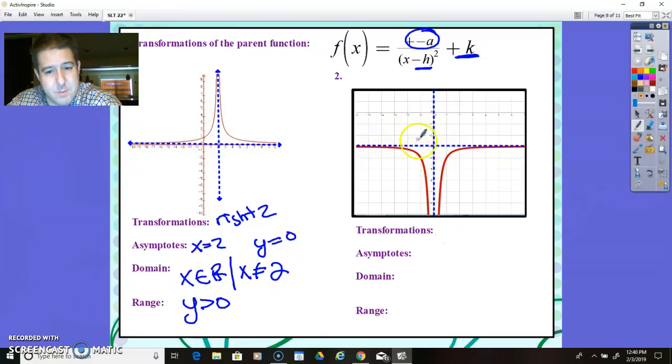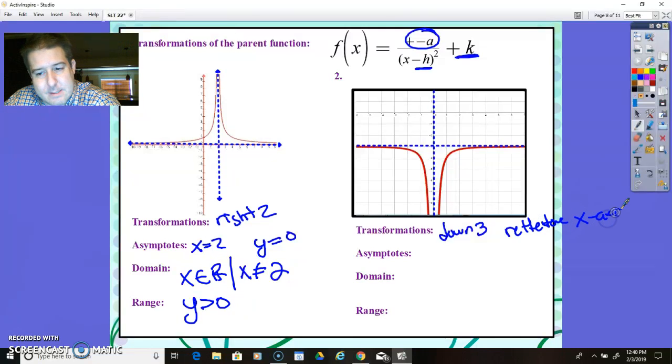So this has been shifted down 3, but it also has a reflection over the x-axis. So if you look at this graph, it's been flipped to the bottom side. So what you know is the next point is 1 down, so you know that the dilation factor is going to be -1, so that is the equation.